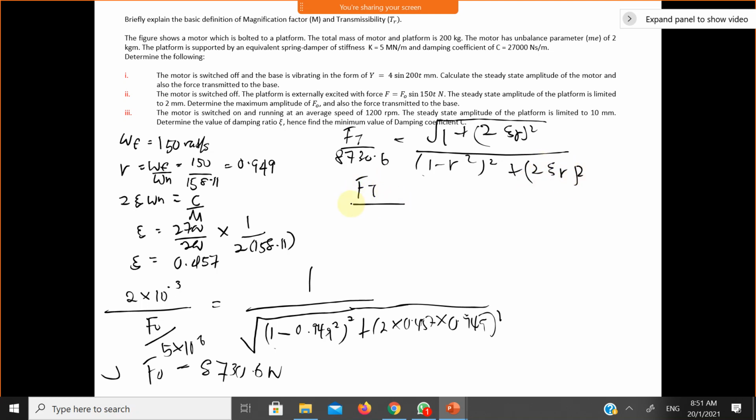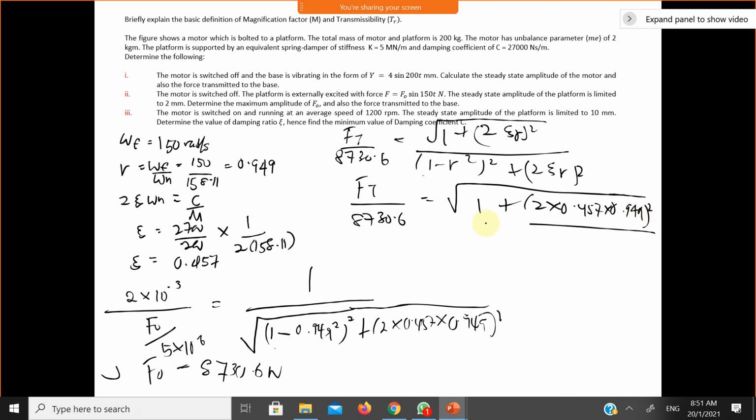So Ft over 8730.6 sama dengan 1 plus 2 zeta is 0.457 darab dengan 0.949 square over 1 minus 0.949 square plus 2 times 0.457 times 0.949 square. Okay, cuba kira.